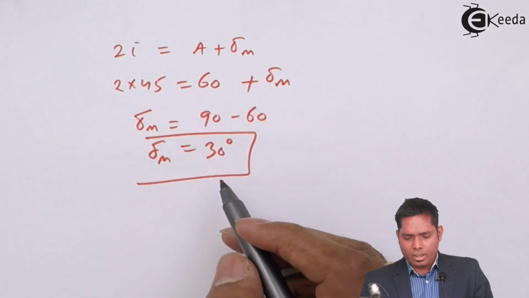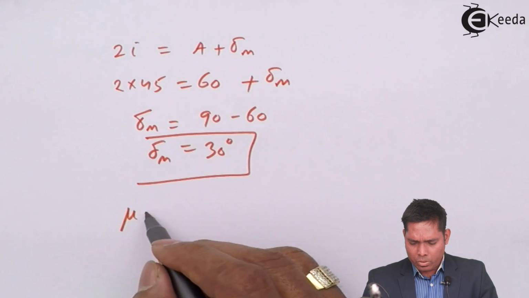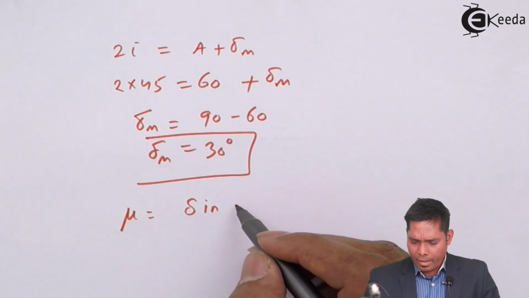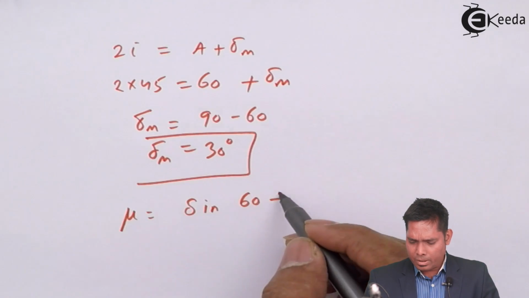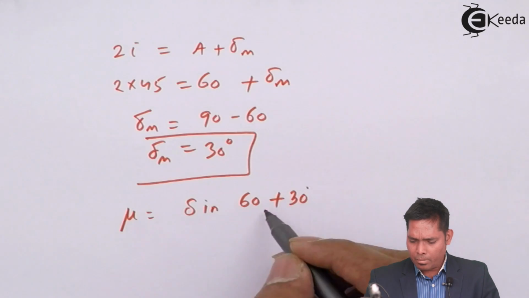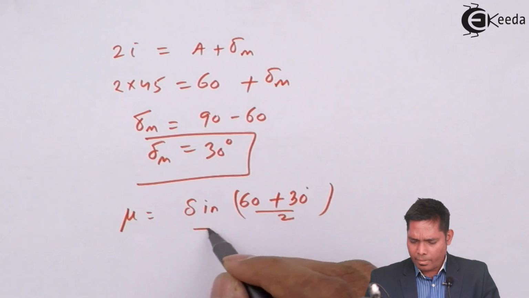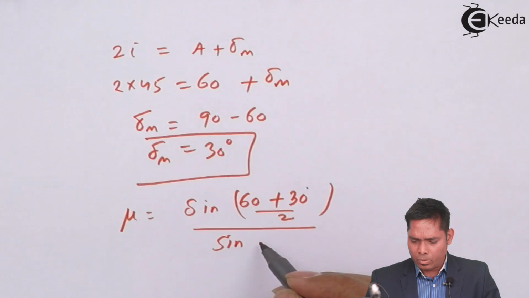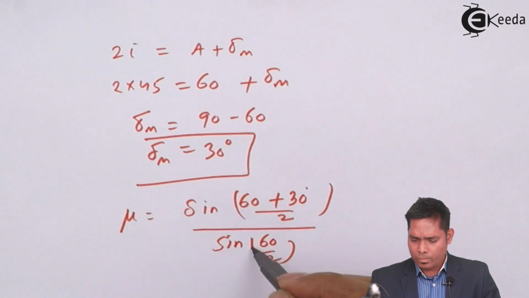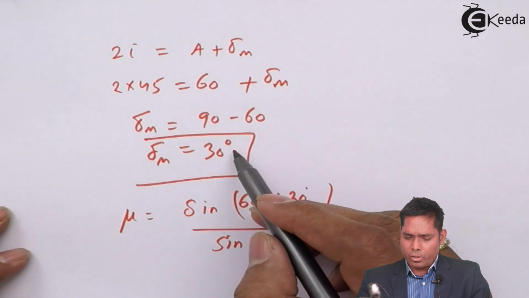So delta m is 30 degrees. Now mu equals sine of (A plus delta m) by 2, where A is 60 plus delta m is 30, divided by sine of A by 2, A is 60 divided by 2. So delta m we got 30 degrees.